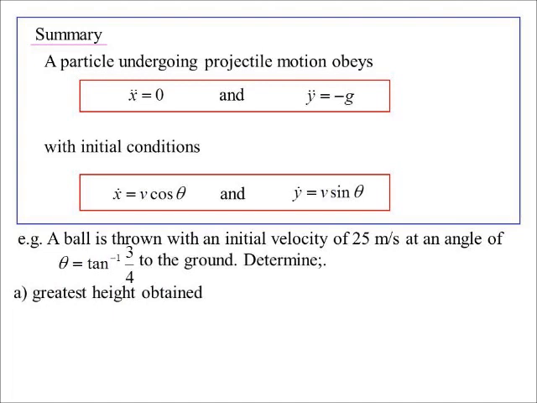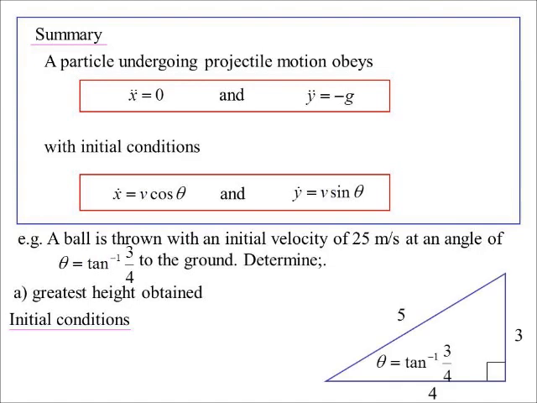So the first thing I'm going to have to do is derive my equations and go from there. My initial conditions for this one: the angle is the inverse tan of 3/4, so opposite over adjacent, and the hypotenuse works out to be 5. It's that nice 3, 4, 5 triangle. And that gives me, with an initial velocity of 25 metres per second, 20 metres per second initial horizontal, and it'll always be that horizontally, because remember, that's a constant.